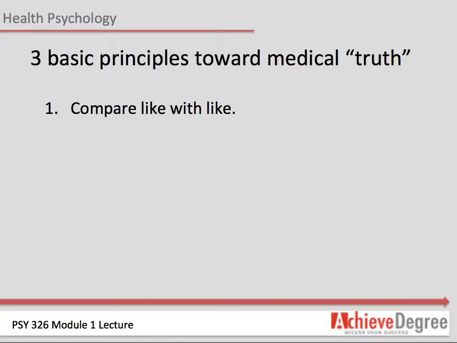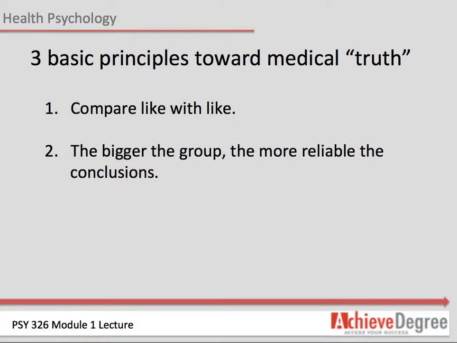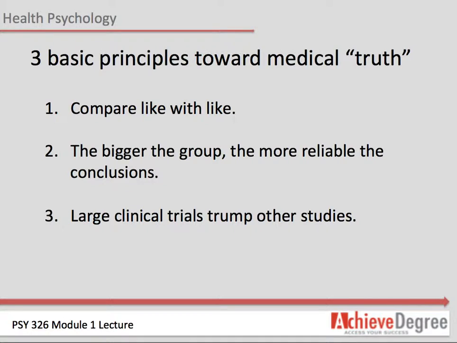One of the advantages of RCT is that differences among individuals will be randomly allocated across groups. The bigger the group, the more reliable the conclusions. Large clinical trials trump other studies that have come before because of their scientific rigor.